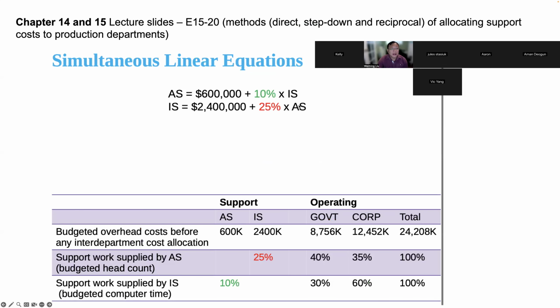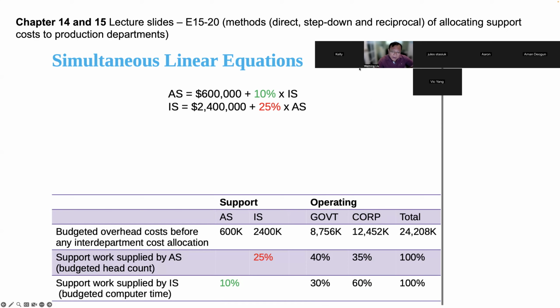The third method is called reciprocal. In this case, they would consider that mutual interaction between the two service supporting departments. So in this case, I have to use a little bit of algebra, okay?